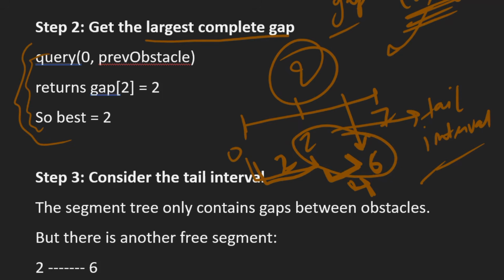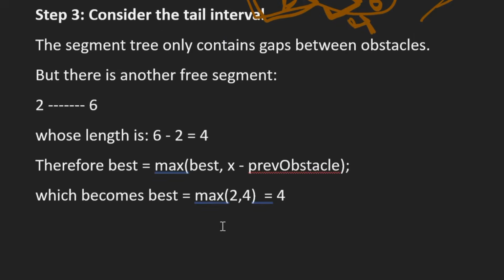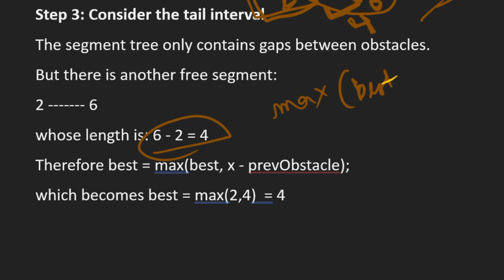The tail interval is the distance x minus the position of the previous obstacle, right? So we have considered our tail interval also. The tail interval distance is 4. Now from the query we get the answer as best, and this is tail.